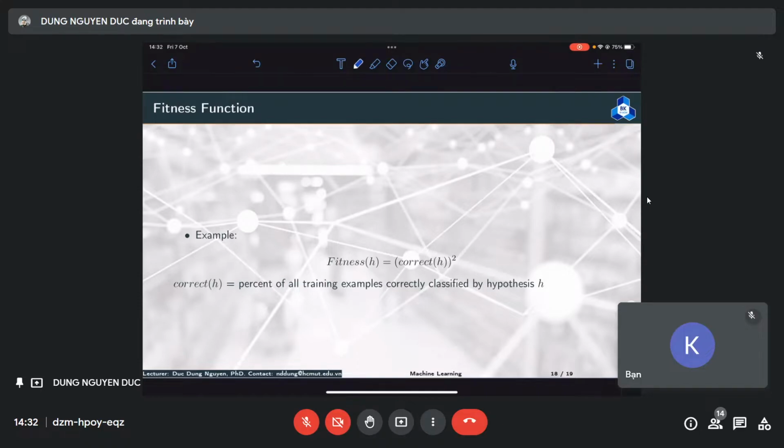Let's say I can classify 80% correctly, then the correct(H) will be 0.8, and the fitness now will be the square of that number.